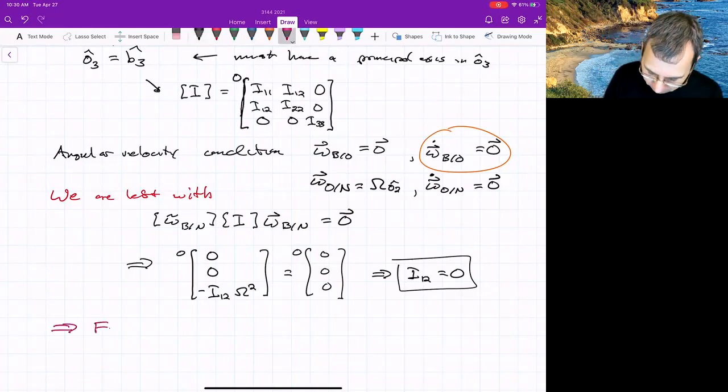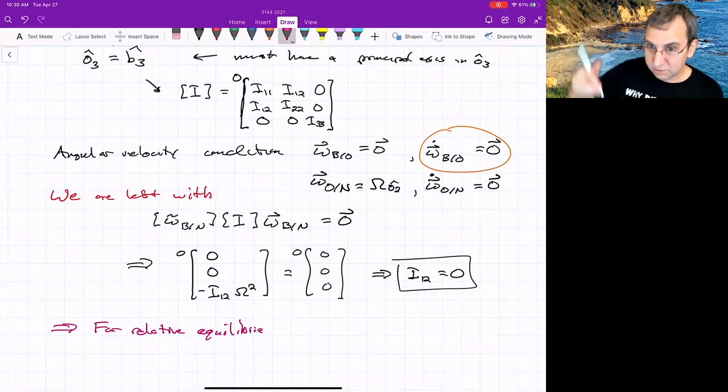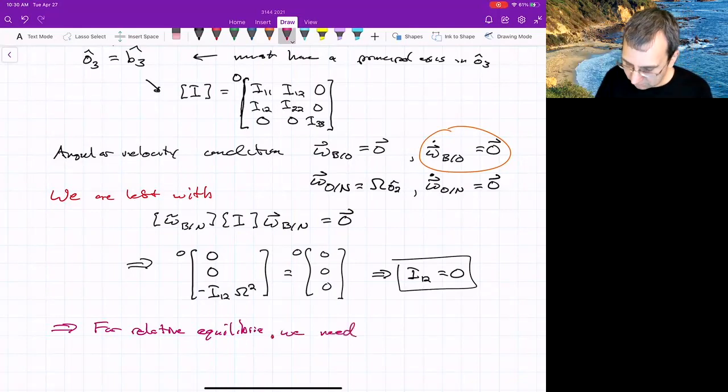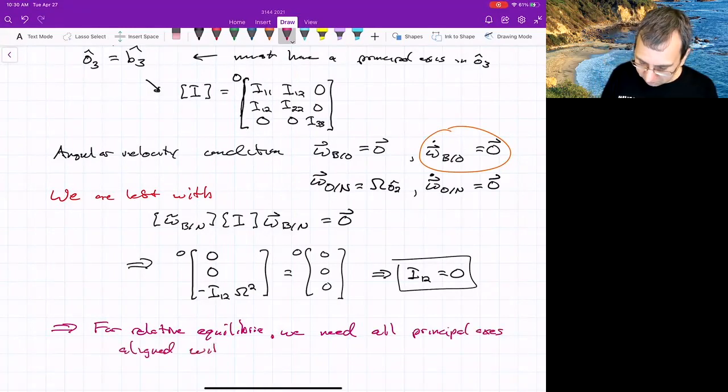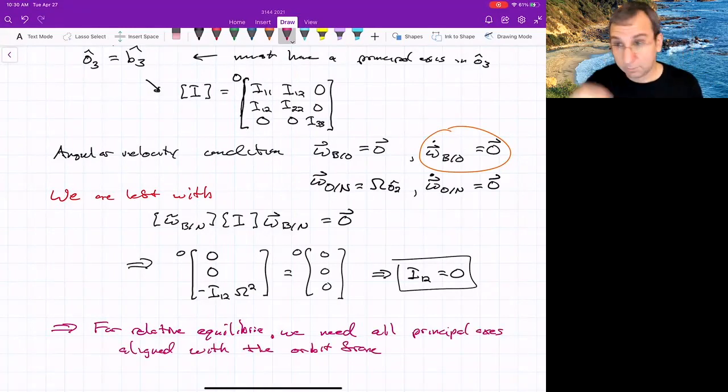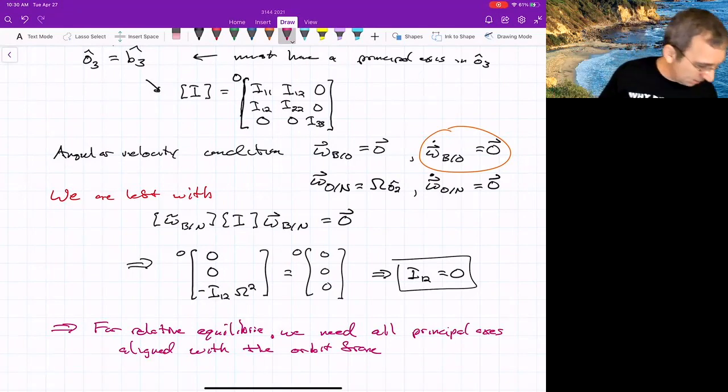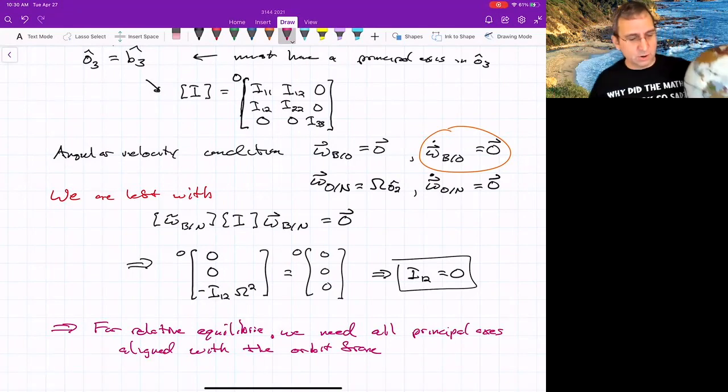So for the relative equilibria that we want, meaning the spacecraft is not changing its orientation, then we need all principal axes in the body aligned with the orbit frame. So hopefully you get what I mean. Here's the Earth. Here's our orbit frame.